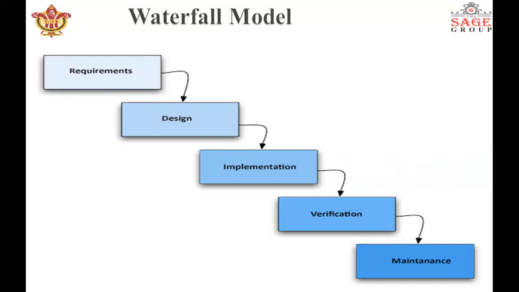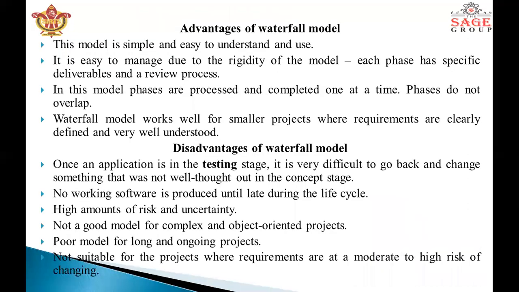So this is one of the major drawbacks. In the implementation part, I have already told you how it works and what the processes are to complete the implementation, right? Next we will discuss the waterfall model advantages and disadvantages.